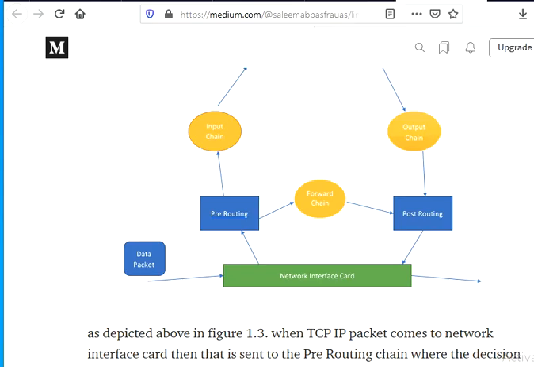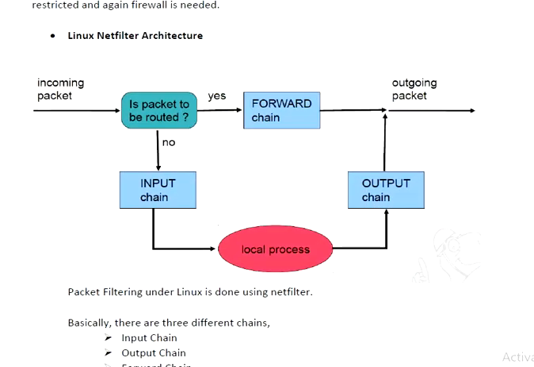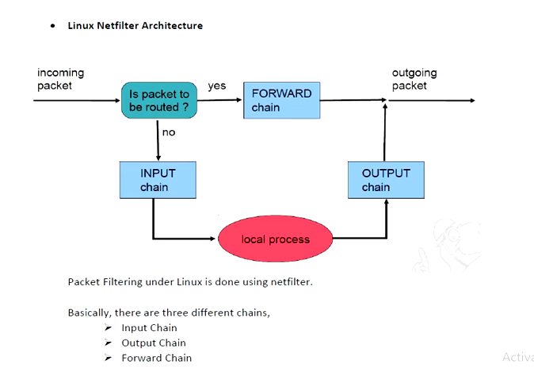I want to show you another diagram. This is from my professor's lecture, which he also covers in his book, on what the Netfilter architecture is. Once a packet comes in, there is a condition: is the packet to be routed or not?